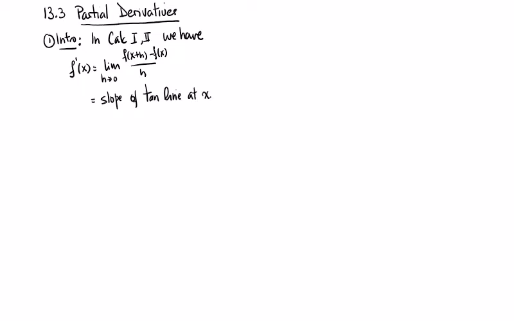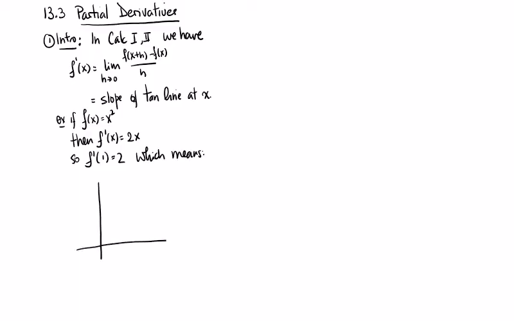At x. So for example, if f of x is x squared, then if you take the derivative, you can take, say, f prime at 1 and get 2. We can say this means, if we draw a picture of this, terrible x-axis, but that's right. So if I draw that graph, this is f.